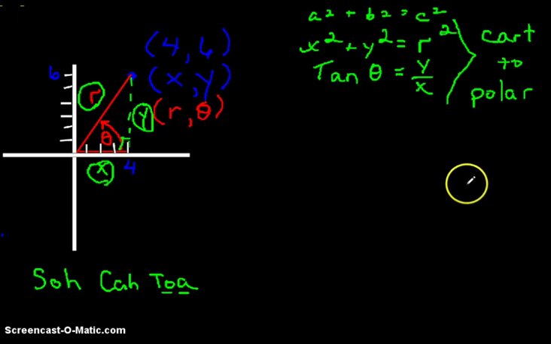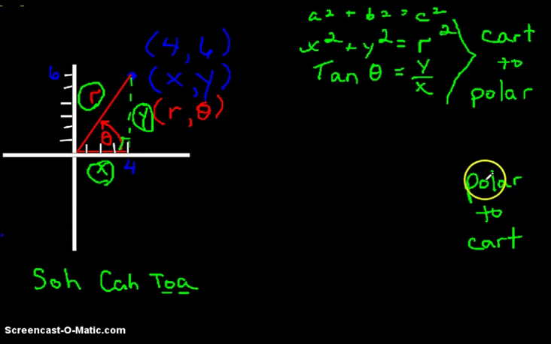Well, now we need to find some formulas to go from polar to Cartesian. To go from polar to Cartesian, it's really better to have a formula that has just the y in it without the x, and vice versa, just the x in it without the y.